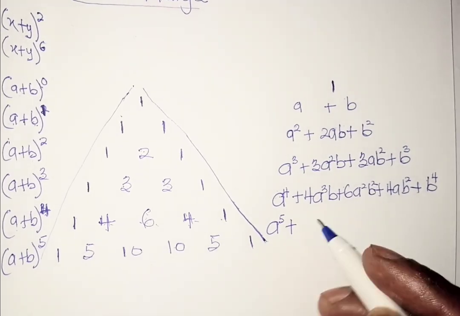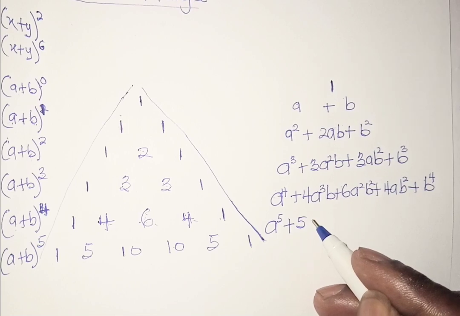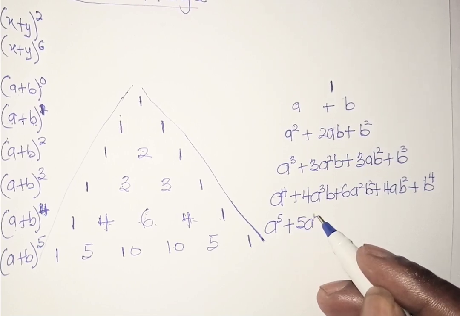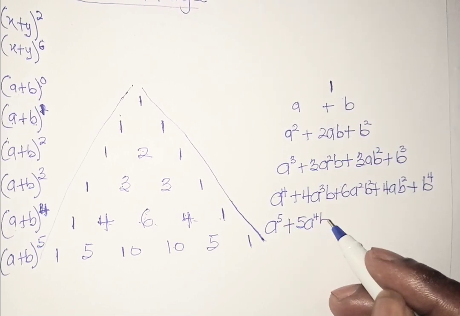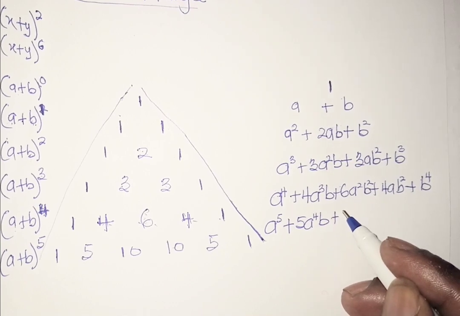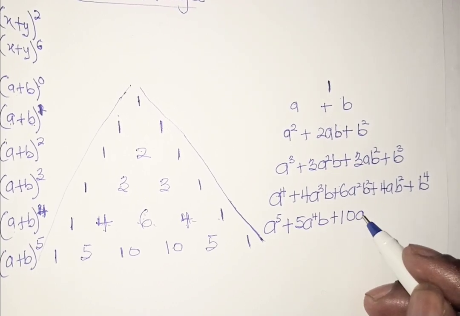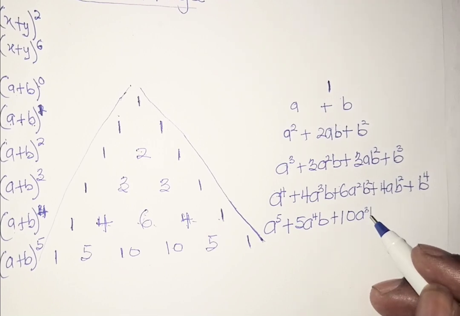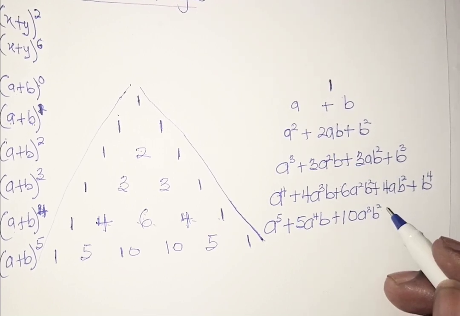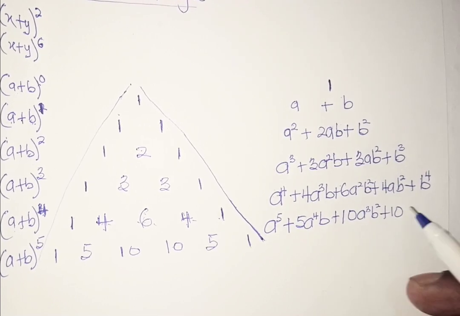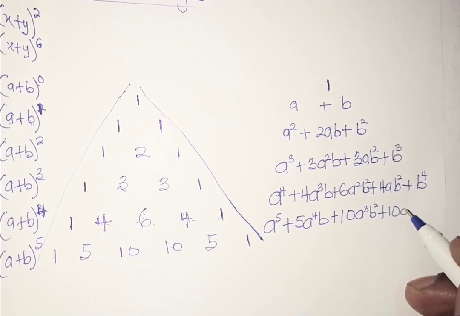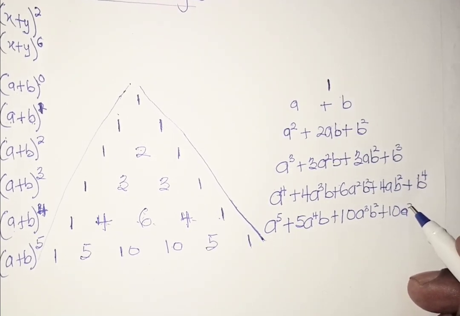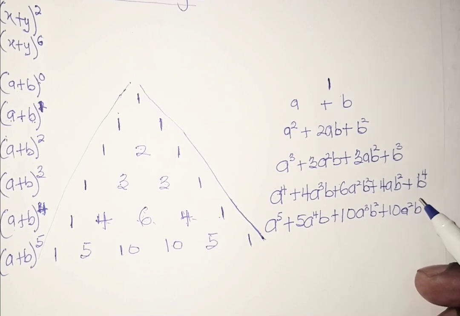Then my next coefficient is 5. So I have 5 here. I have A to 4 because it is reducing. Then B. My next coefficient is 10. Then A exponent 3, and then B exponent 2. And then my next one is 10, so A exponent 2 and then B exponent 3.